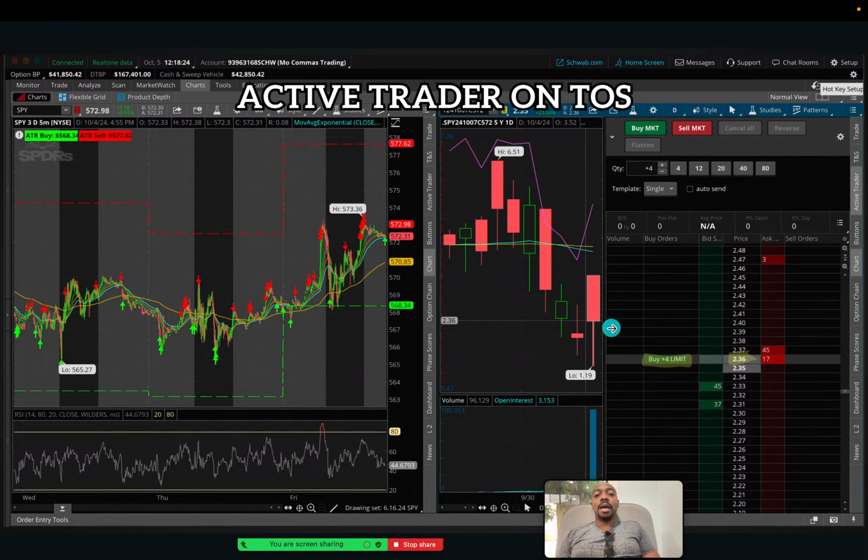Specifically, I usually use Active Trader on Thinkorswim. So what I'll do is I'll put up the instrument here, and then if you click this button right here, you can add a second window. And so you've got to be on the charts tab. I'll put SPY here.